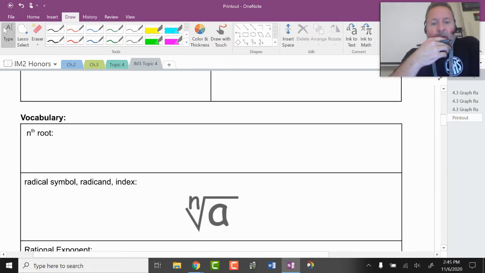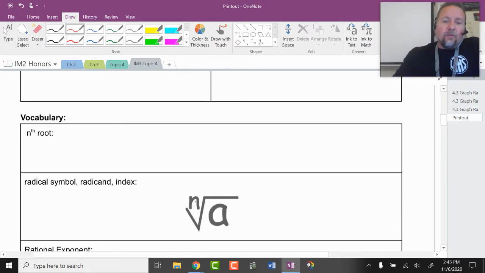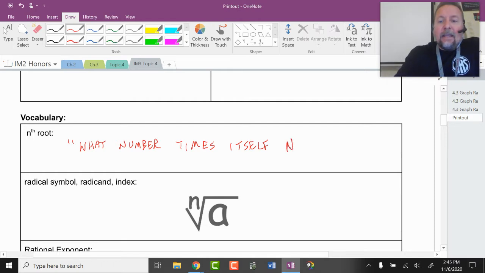Observations, conclusions, we already did it. I'm moving on. Okay, so nth root. Whatever this index is, you're asking yourself what number times itself the index n times equals a.